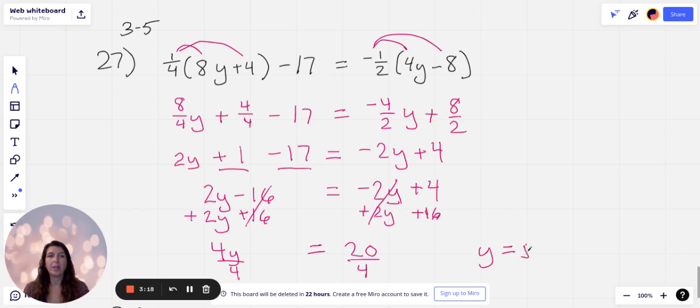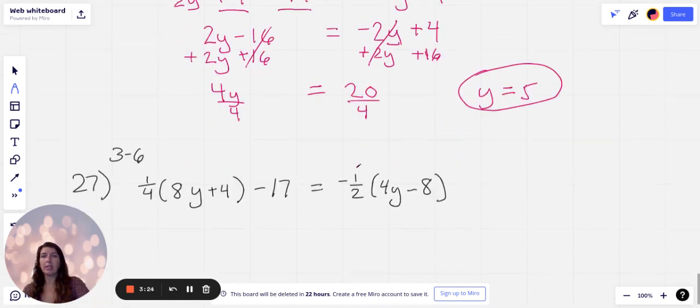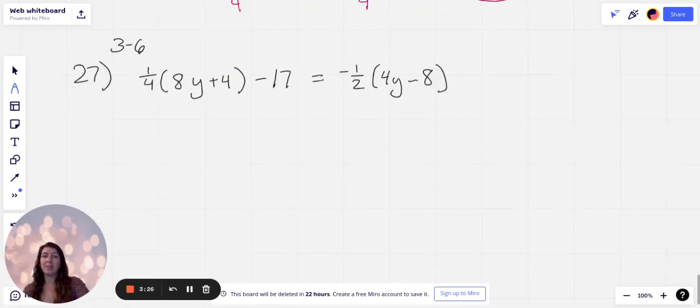Okay, we're going to do the same problem, but it's in 3.6. It's also number 27 in the homework. So if you didn't notice, that's kind of interesting. But this time we want to clear the denominators, we want to clear those fractions.